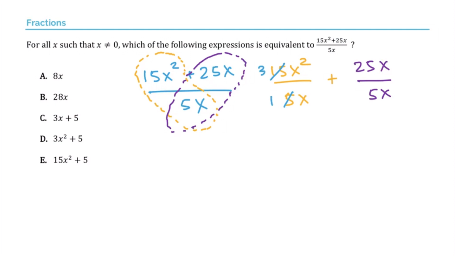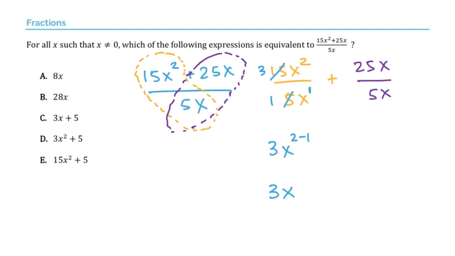X squared over x, remember, if you have the same base on the top and the bottom, this x is like x to the 1 because there's an invisible 1 there. And if you are dividing them and they have the same base, remember we subtract the exponents. So we end up with 3x to the power of 2 minus 1, which of course is going to be 3x because x to the power of 2 minus 1 is just x to the 1.